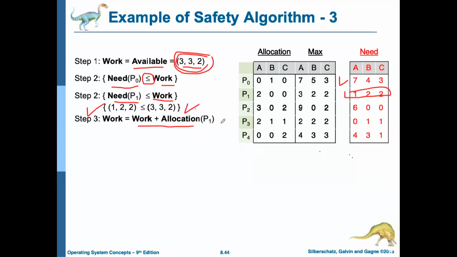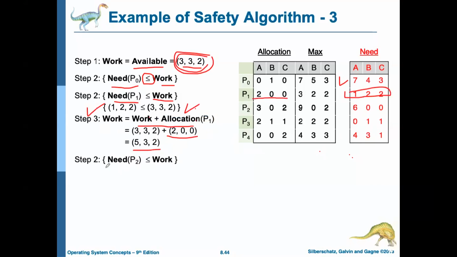And then 3, 3, 2 plus the allocation. What is the allocation right now? 2, 2, 0 here for P1. When they are added, we get the current value for the work.